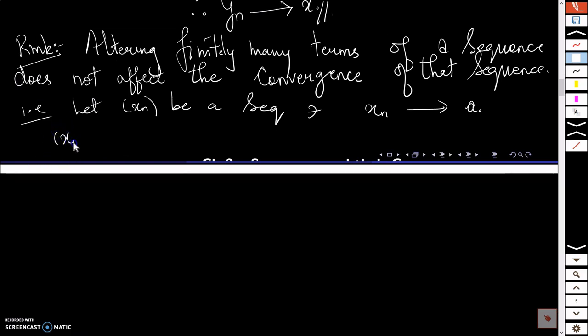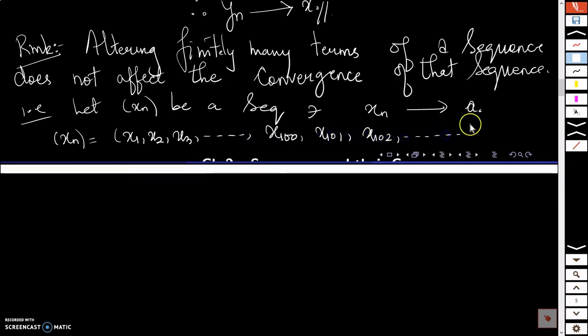What I will do to this sequence xn, I will write the terms x1, x2, x3. Let's say x100 I reach, x101, x102, and again it keeps on going, right? What I do is, I remove the first 100 terms of that sequence. I just delete them from the sequence.